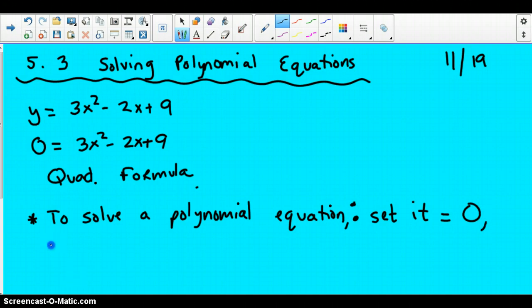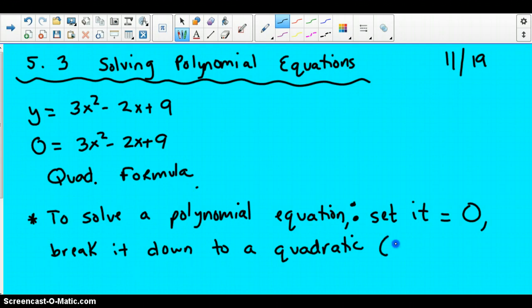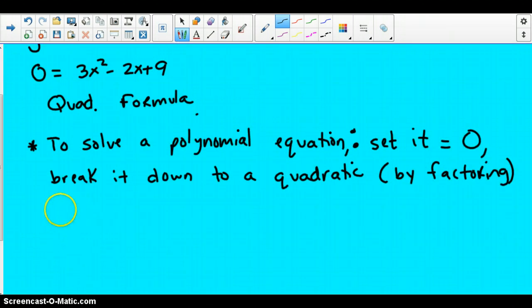Break it down to a quadratic, and I'm going to put in parentheses by factoring. It will not always be by factoring, but for today's lesson we will be. And solve the quadratic.